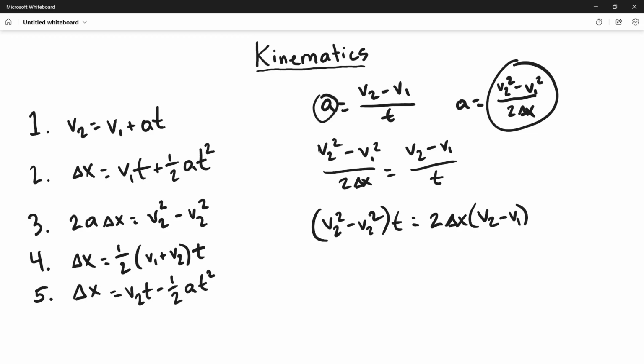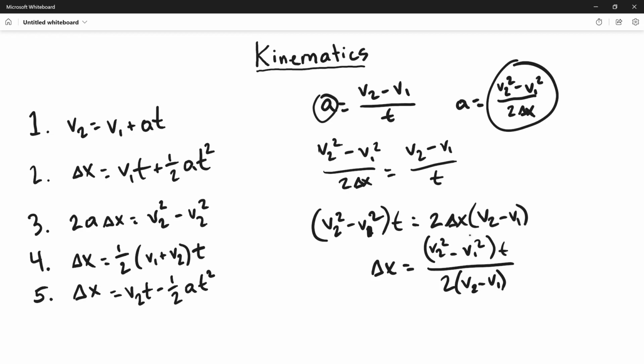Now we can isolate the delta x. I'll move it to the left side. And we can say that delta x equals v2 squared minus v1 squared times t divided by 2 (v2 minus v1).